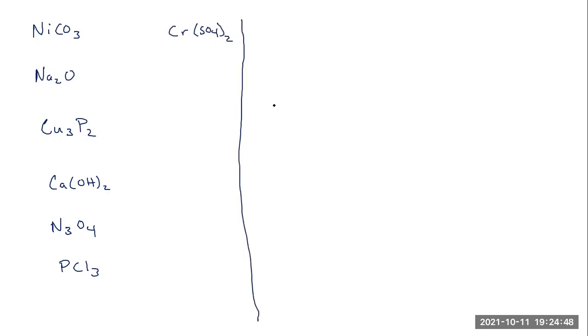And then we also have to do it the other way. So I'm going to give you some names and you can give the formulas here. Let's do iron 3 oxide.